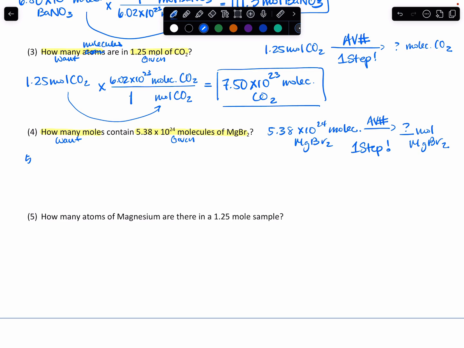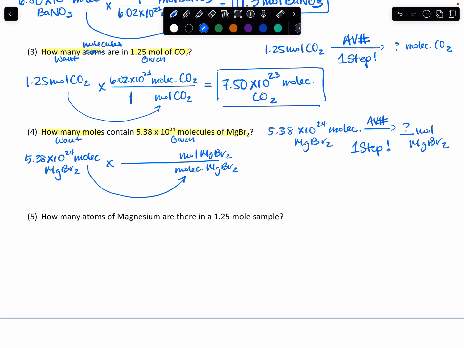All right, so we're given 5.38 times 10 to the 24th molecules of MgBr2. So our conversion factor is going to put those molecules in the bottom. So molecules of MgBr2, moles of MgBr2 up top.